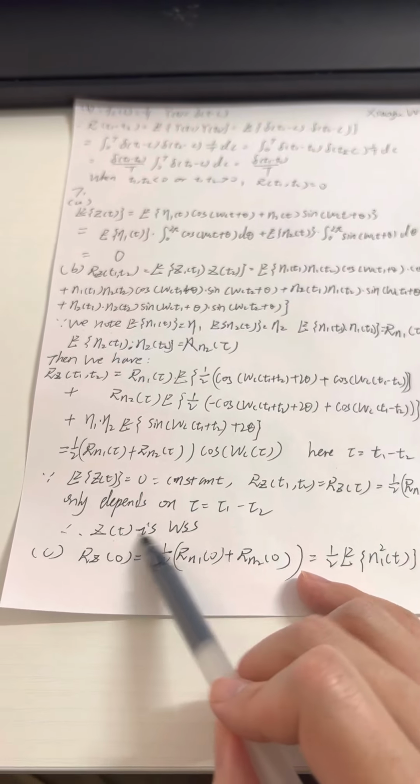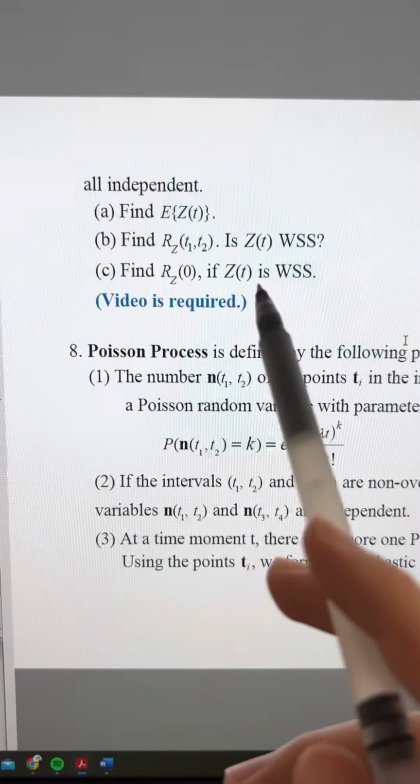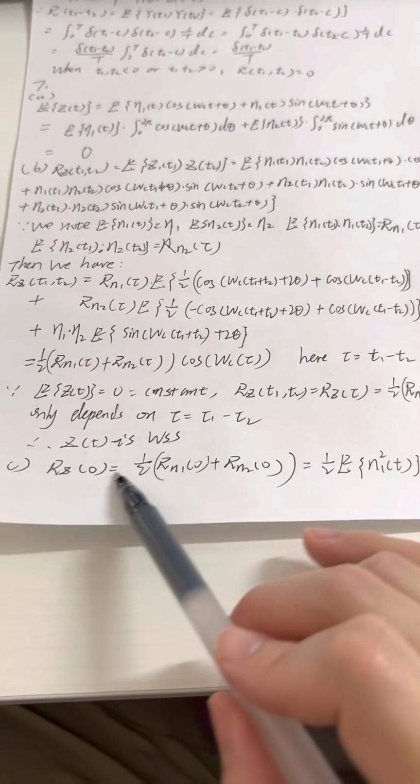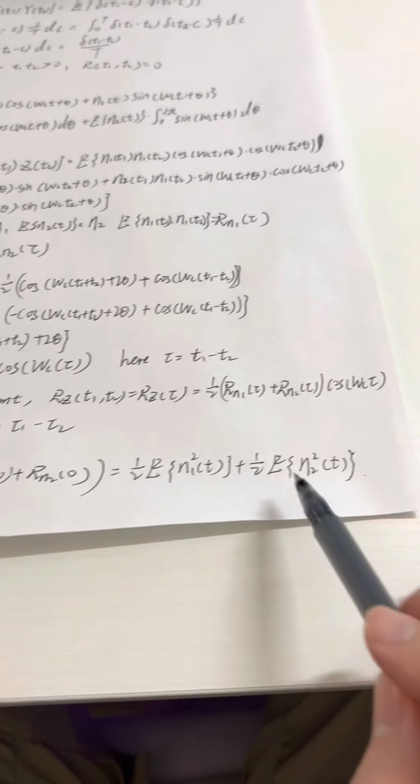So Z(t) is WSS. To find this one, it is easy: we directly let tau equal 0, so we get the final result.